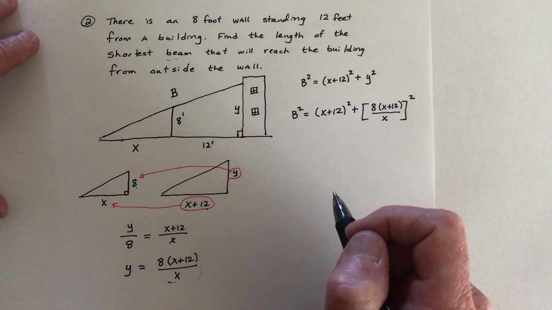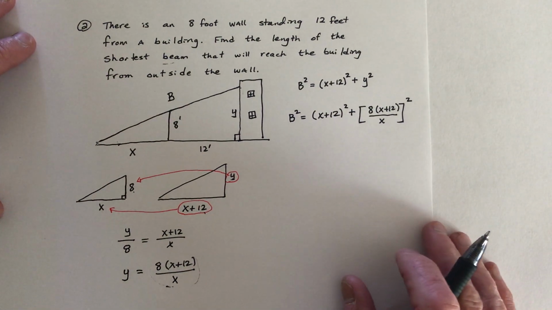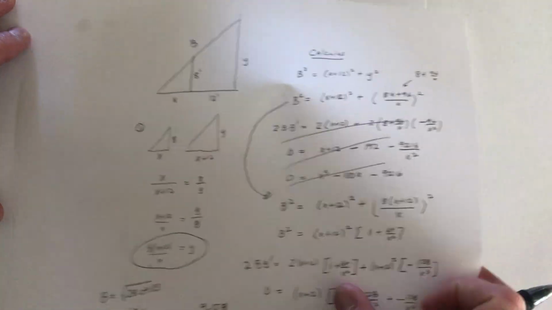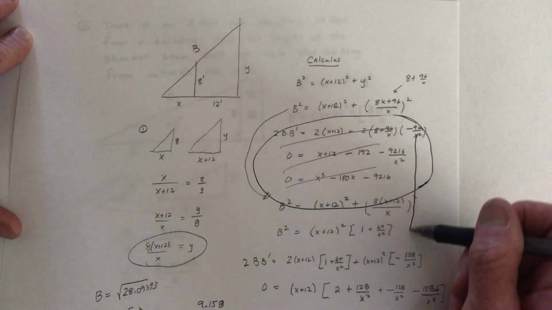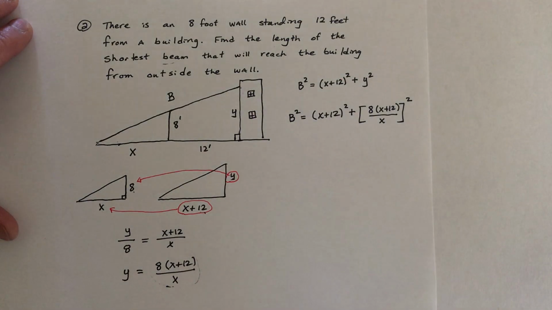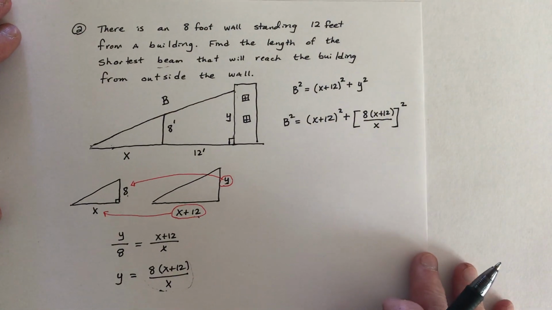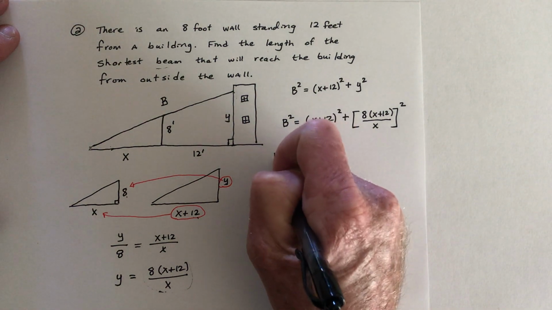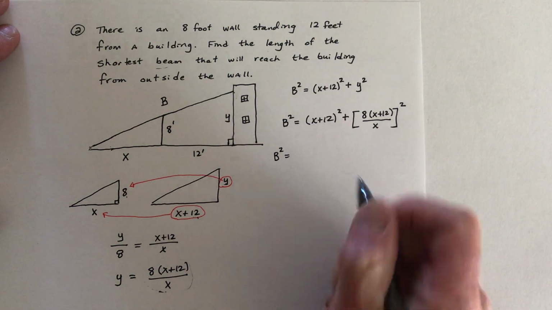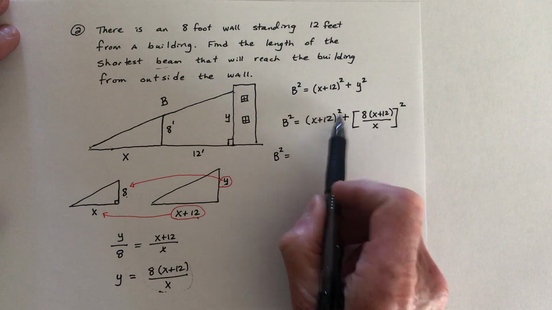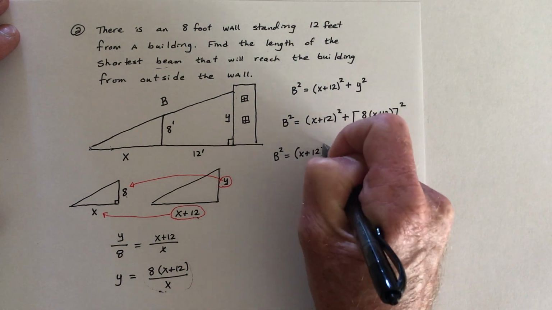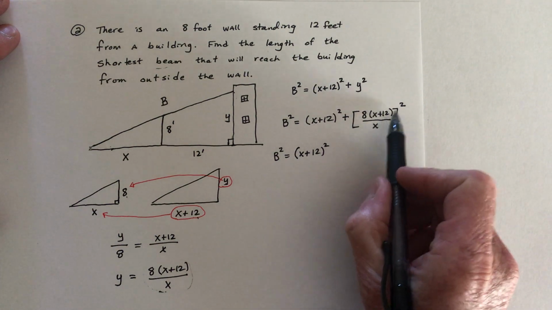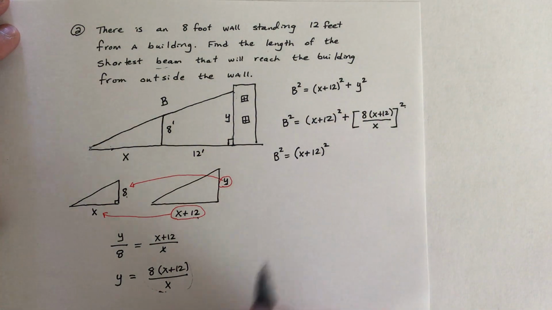And I only know to do that because I've done this problem in the past, like right here. And right here, I didn't factor it out, and it was just getting longer and longer and longer. And I was like, wait, isn't there an easier way? Here's the easier way. This has x plus 12 squared, I could factor that out. This has x plus 12 squared, so that got factored out.